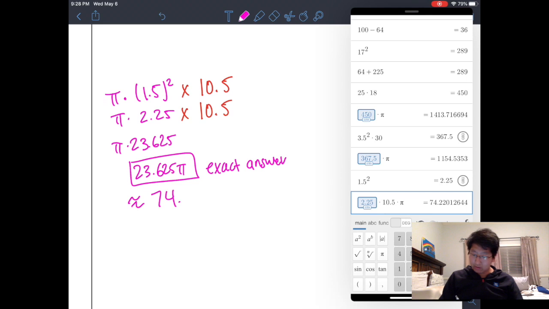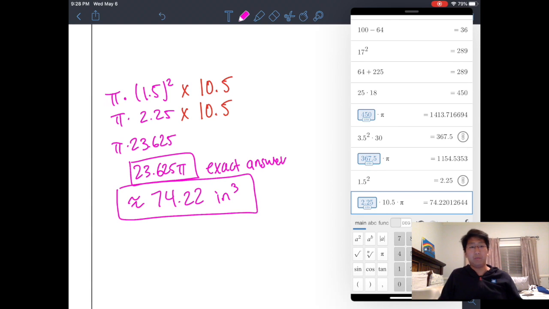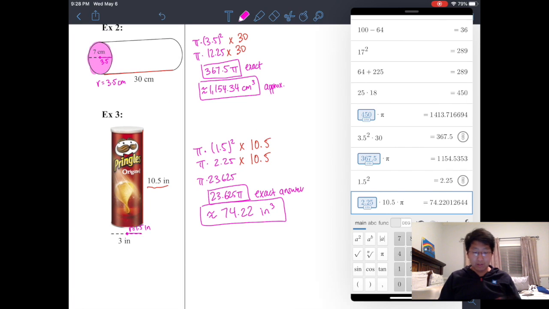And I'm going to get 74.22 inches cubed. Okay. So the only difference here is that you're finding the area of the circle because the base is a circle here. Not that different from the last set of notes. Hopefully it goes smoothly for you.